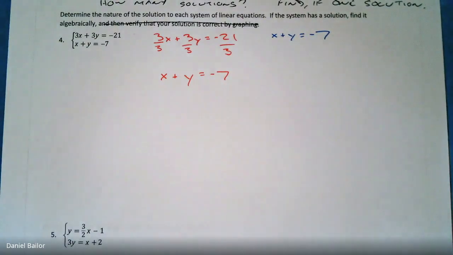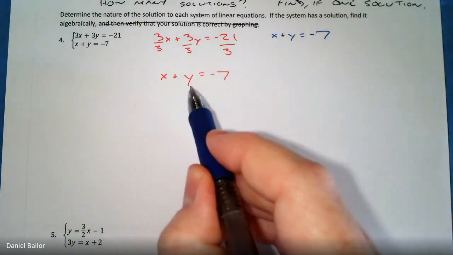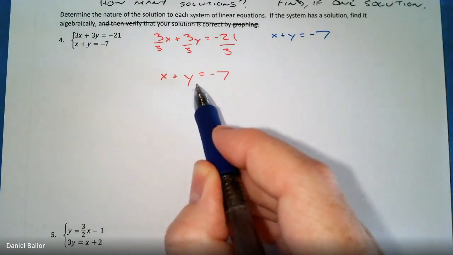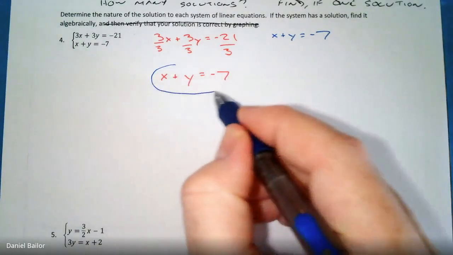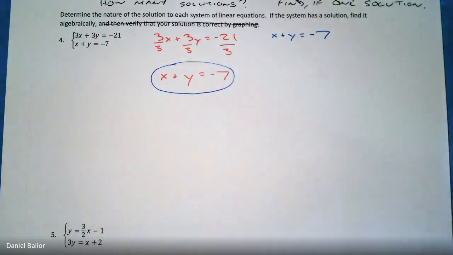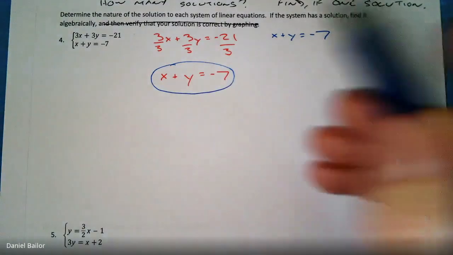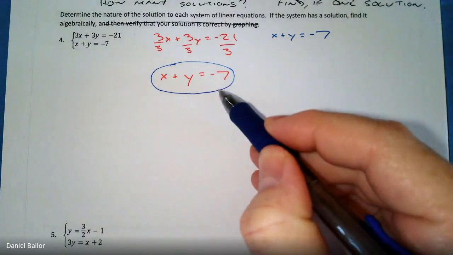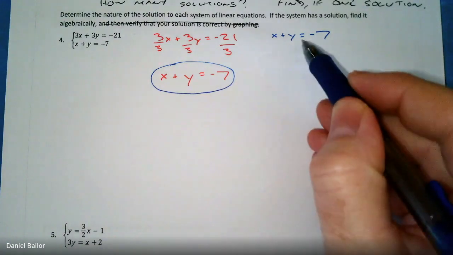And this might be where you want to stop and save yourself some work. Because if you are paying attention, you will see that this looks very familiar. This looks familiar, and there's a reason I'm circling it in blue. Because you see this exact same equation over here.